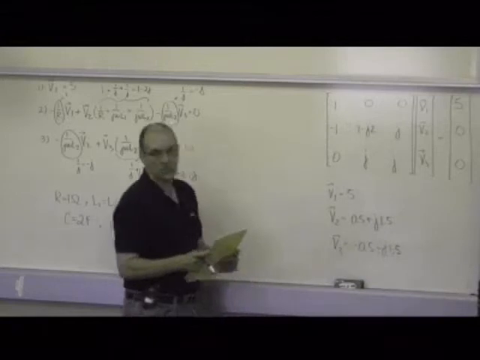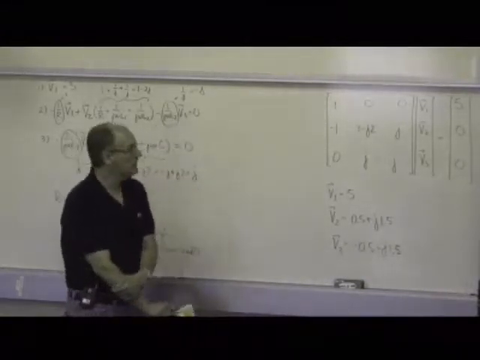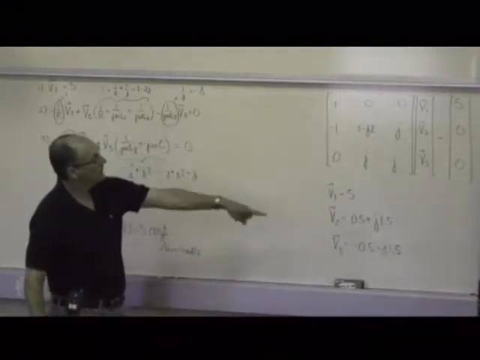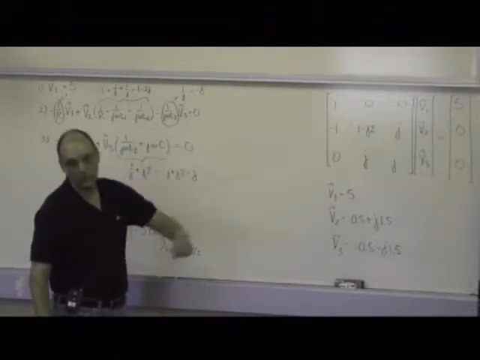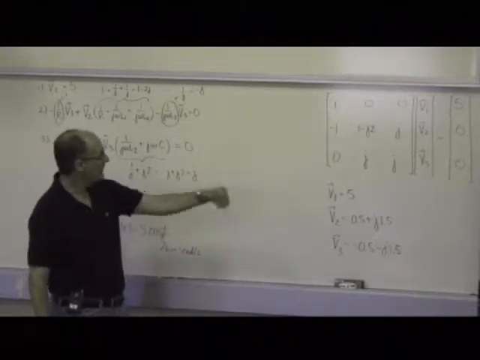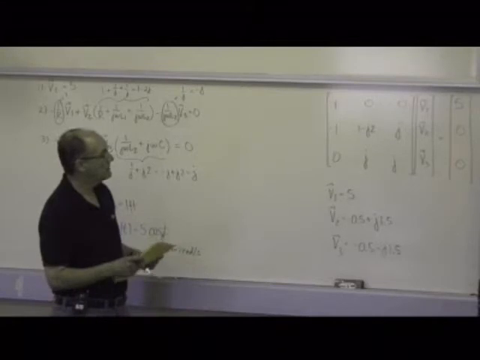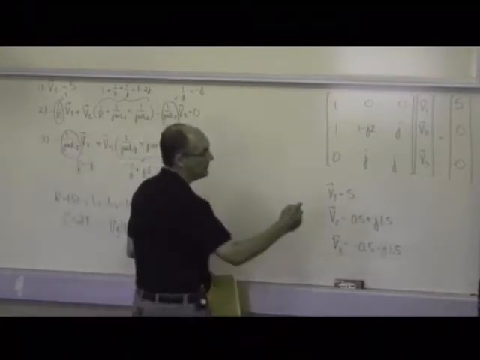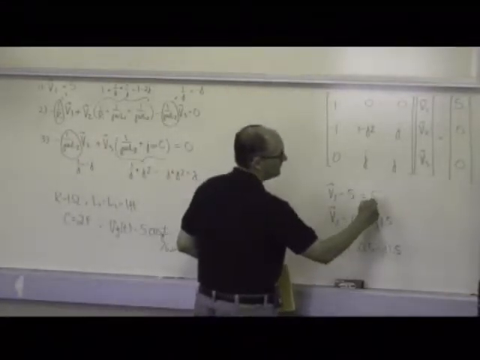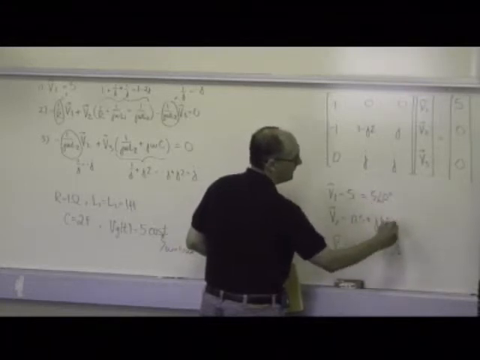So at this point, you've solved your node voltage equations. And the only thing left to be done, again, is to convert this to polar form. And once you have that, you'll get everything as sinusoids. This one is trivial because it's zero angle.